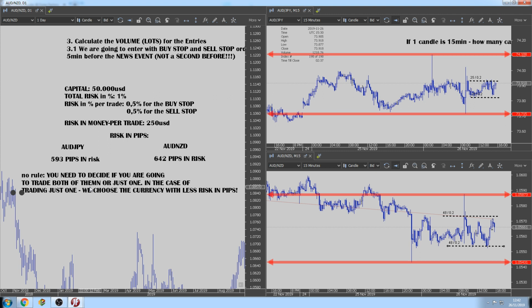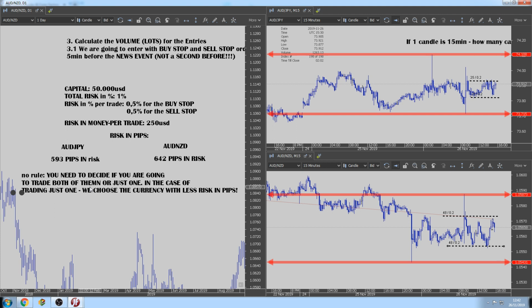Correct, it is 2%, right? So there is no right or wrong. If you are going to trade both of them and you are going to risk 0.5% on the buy stop and sell stop on AUDJPY and buy stop and sell stop on AUDNZD, then you are going to risk 2%. So what does this mean? This means if you want to risk 1% on the news event, everybody, you need to lower your percentage per trade.